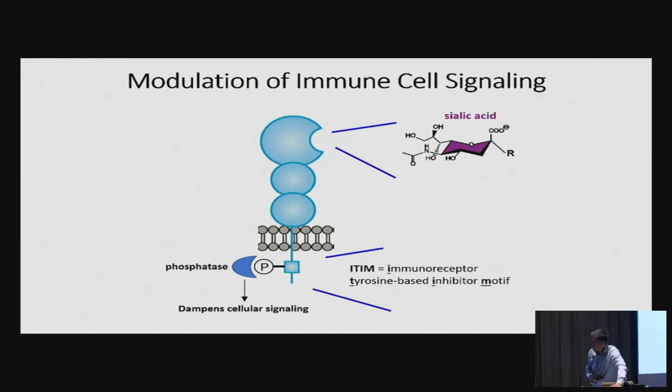But when it does get phosphorylated, that's going to create a docking site for a series of phosphatases that basically recognize that phosphorylated ITIM. So it's going to recruit a phosphatase to it, and then that phosphatase is going to be specialized at dephosphorylating other signaling components. So in very simple terms, this is basically going to dampen other signaling pathways. It's like a brake on the immune system.